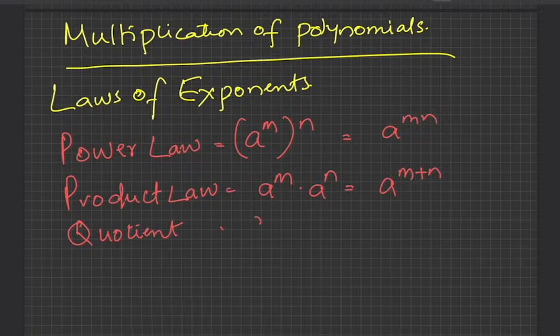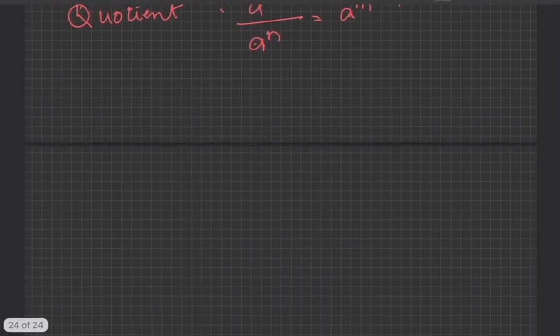Here we have, let's say, a^m by a^n, and if m is greater than n, then we have a^(m-n). But we need the product law over here. Since we are multiplying algebraic expressions, if the variables are the same, then we use the product law, right?